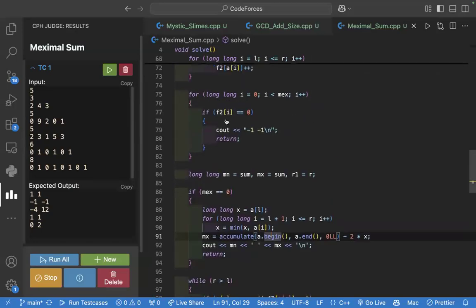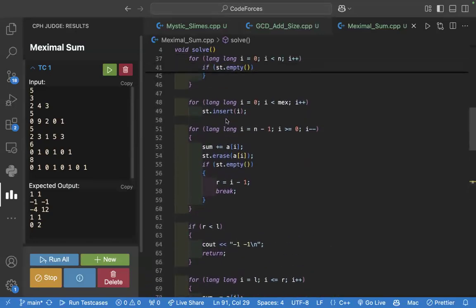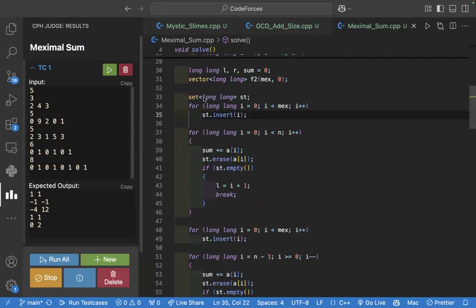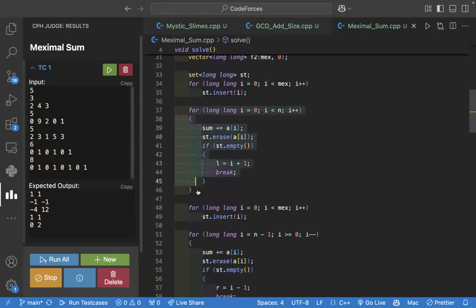Can you show the base L and R? Yes, I can. See, Dhruv. What I did over here is to find an L, that means I want to find the first location before which every number from 0 to mx minus 1 comes. So I will insert every number from 0 to mx minus 1 in my set, and then run a loop.